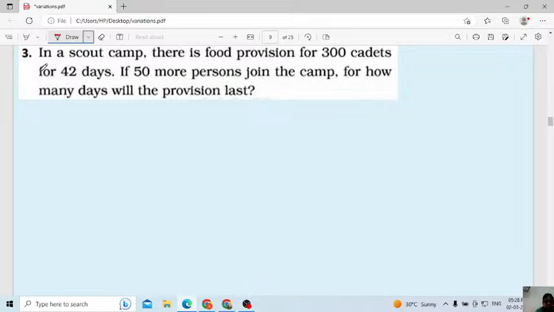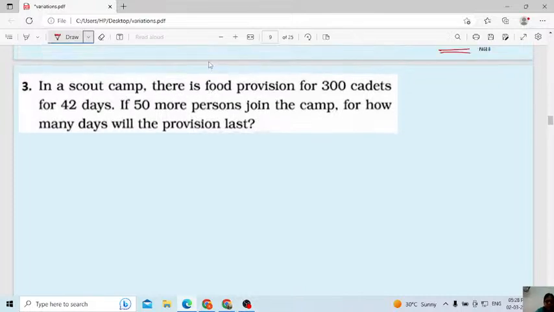In a scout camp, there is a food provision for 300 cadets for 42 days. If 50 more persons join the camp, for how many days will the provision last?